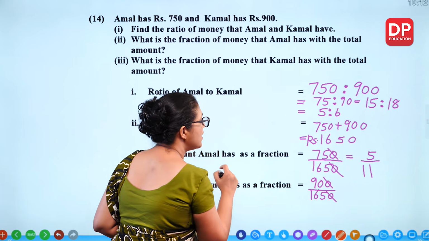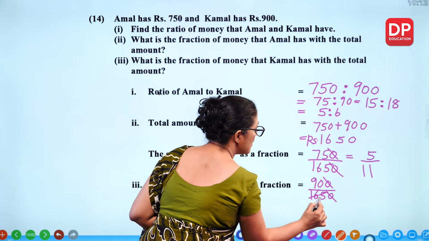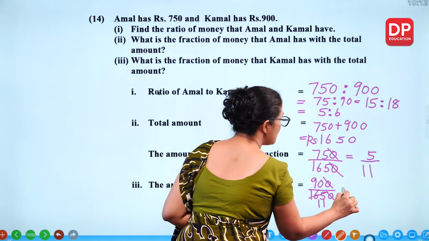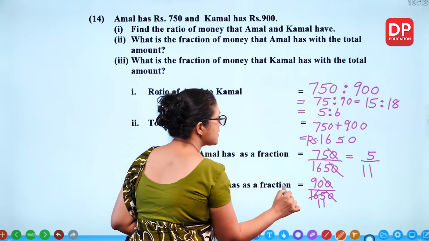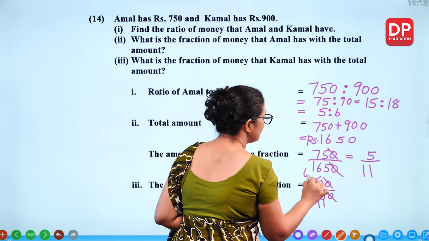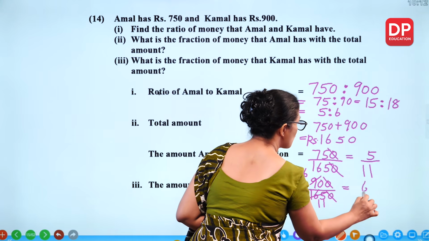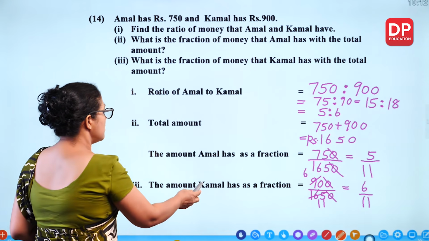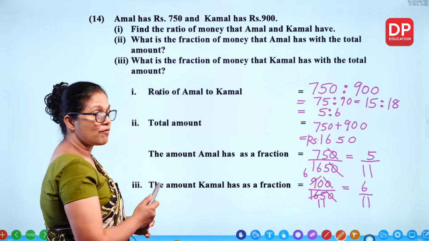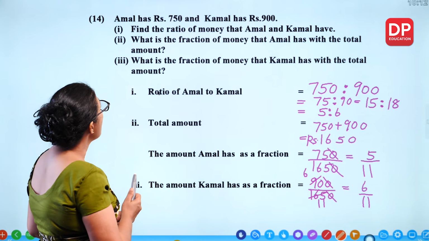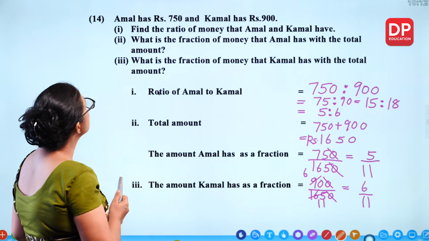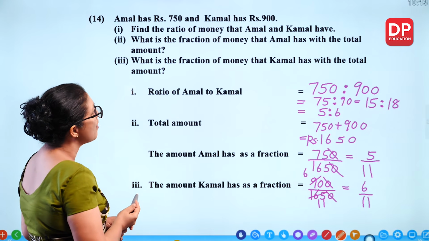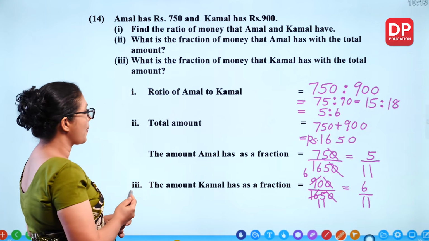When you divide by 15, you get 11, and 15 times 6 is 90. So 6 over 11 is the fraction of the amount Kamal has. So they are asking what is the fraction of money Amal has and what is the fraction of money that Kamal has.